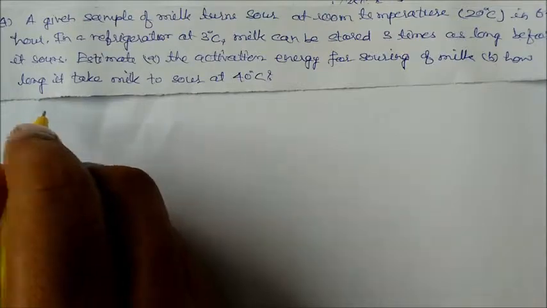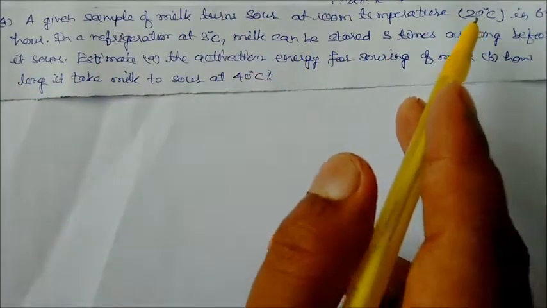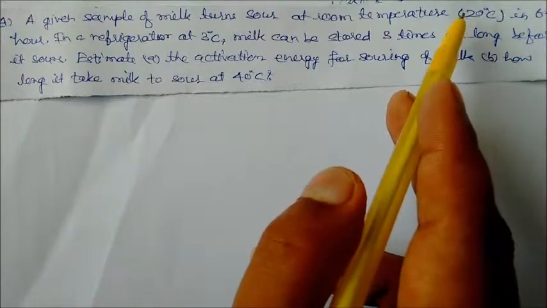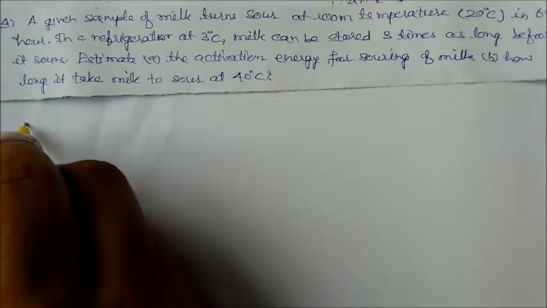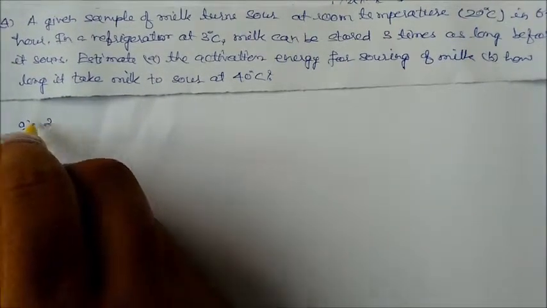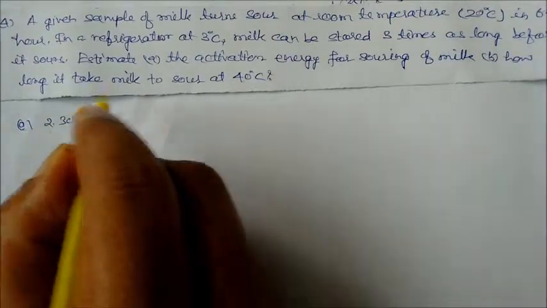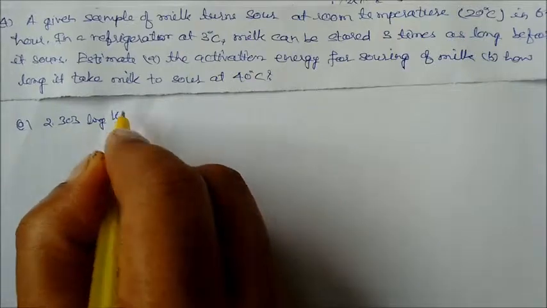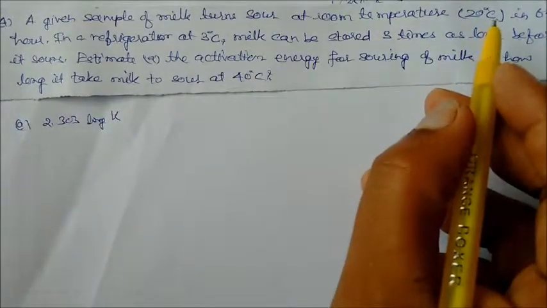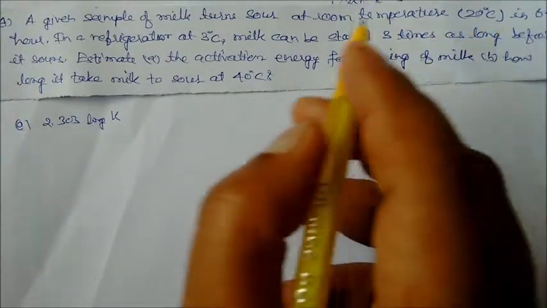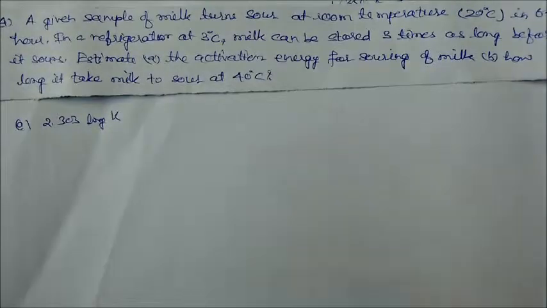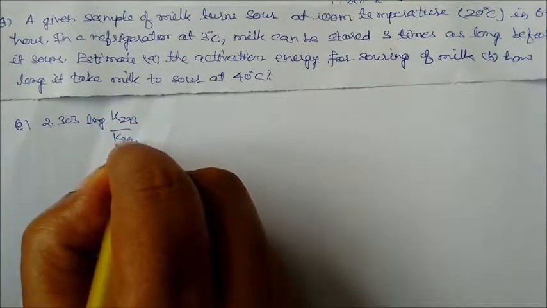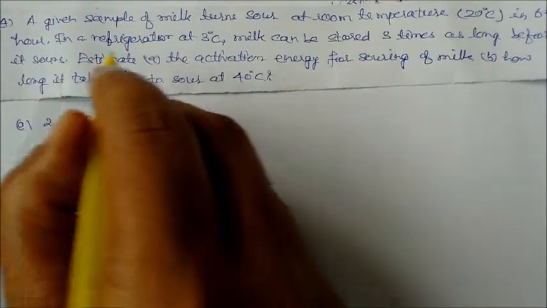So here two temperatures are given, 293 and 276. Take the first value: 2.303 log of K, where the higher temperature is 20 degrees centigrade, so 293, and the lower is 276 for 3 degree centigrade.